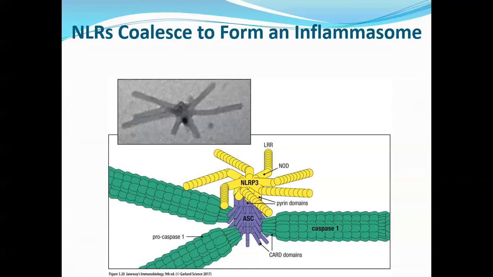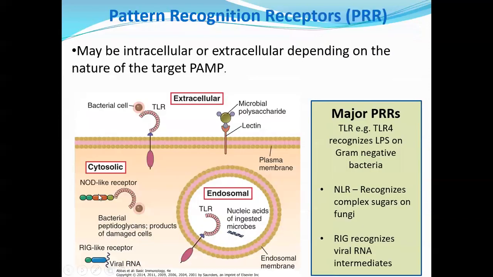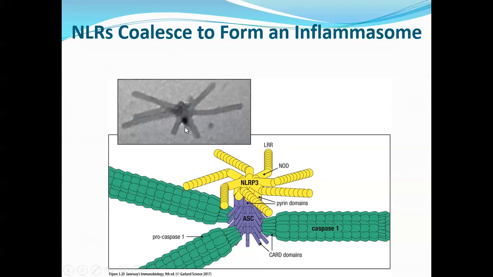When you get an invasion and a threat, and so engagement of these nod-like receptors, which then aggregate to form the inflammasome, these inflammasomes cut that inactive portion off of IL-1 and IL-18. That then becomes an inflammatory cytokine.